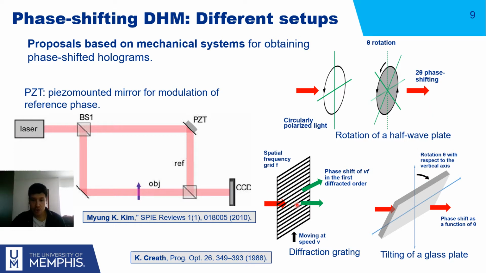We can also use diffraction gratings to obtain different versions of the hologram with different phase shifts, and we can also, of course, use a wave plate, essentially a plate of glass, and depending on the angle of rotation of this plate, we can have different phase shifting holograms as well.